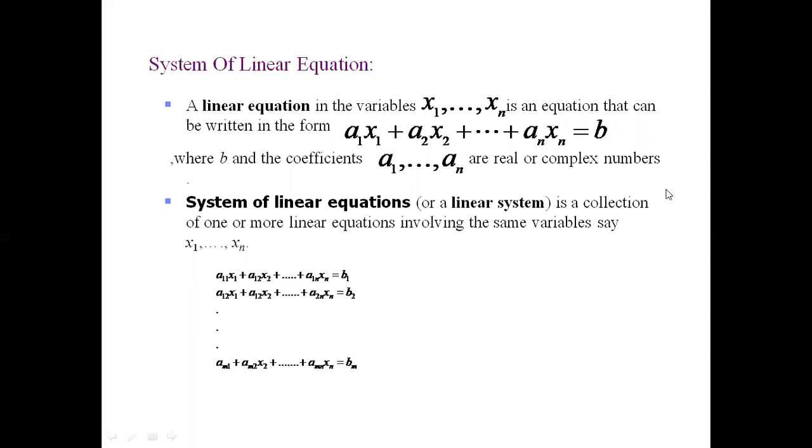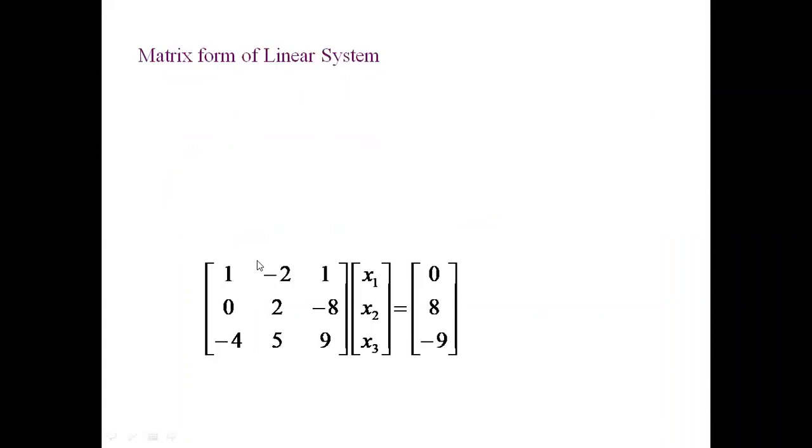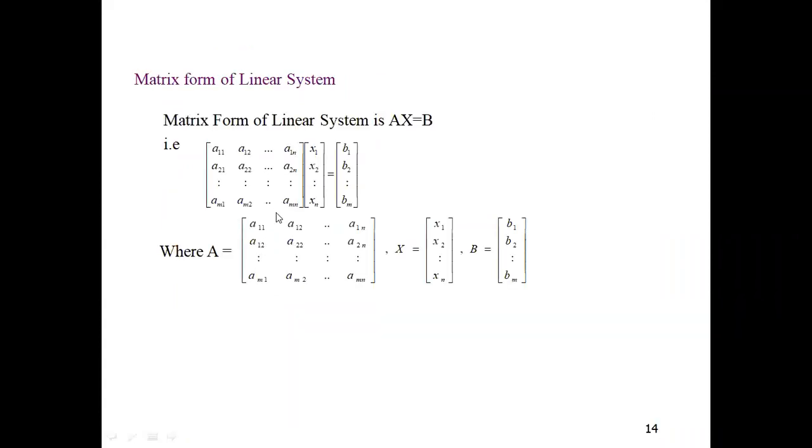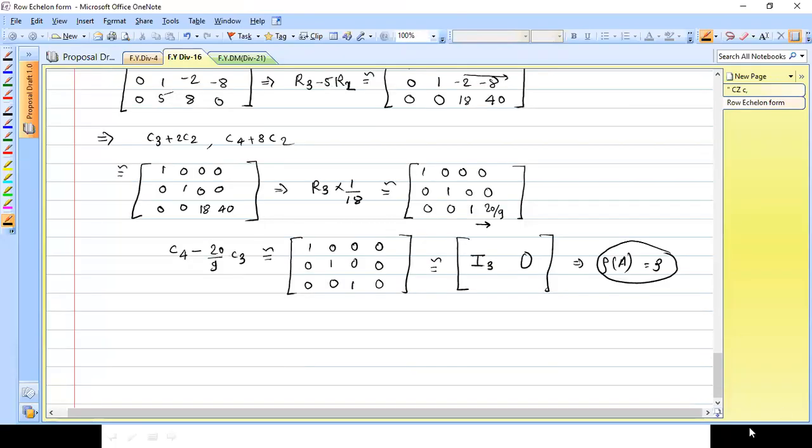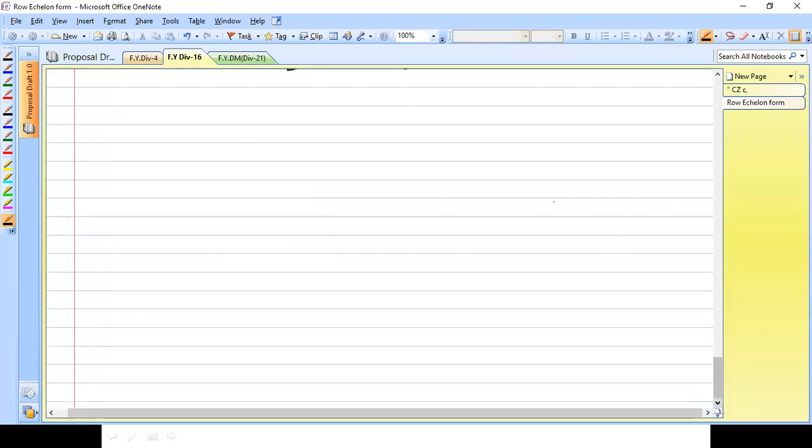Right now we are dealing with only real numbers. So we have a system of equations like a11 x1 plus a12 x2, and I'm going to convert such equations into matrix form. Instead of dealing with this in general, we will take one example and by using that example you will understand. So system of linear equations, write down with me.